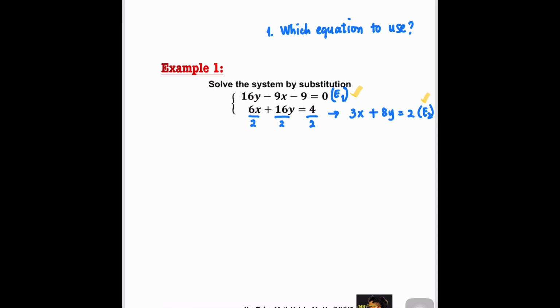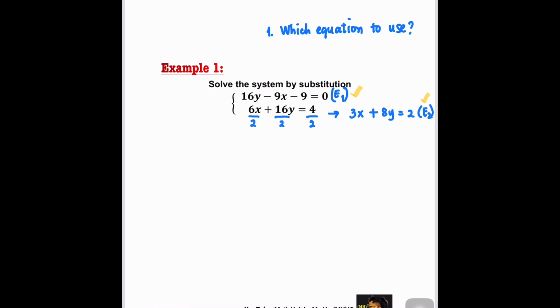By observation, by looking at the two equations, you can decide which equation to use. Normally, we pick the equation that is easier to manipulate or rearrange. By the way, I recommend that you watch the previous video I uploaded, which is about rearranging formulae.